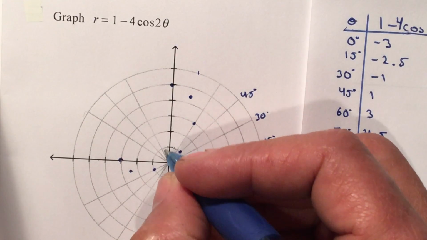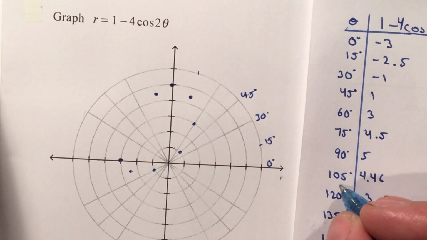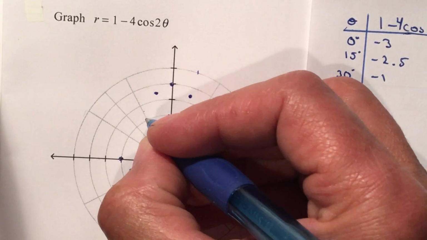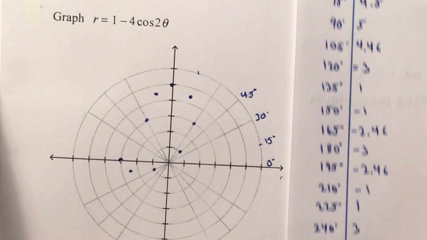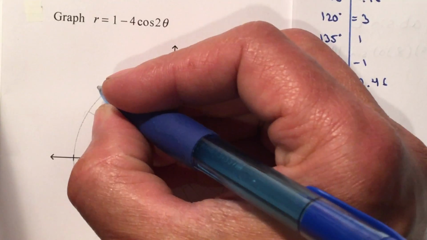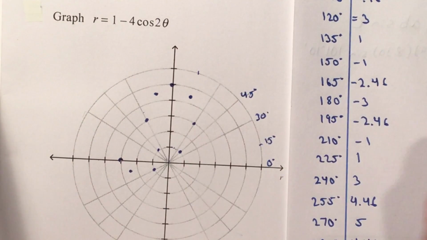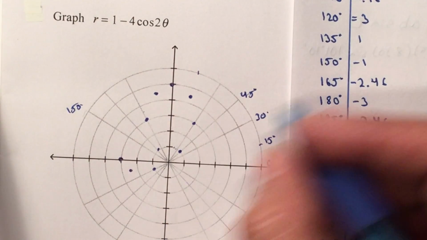105 is 4.46. 120 is 3. 135 is 1, so this is 135, and that'll be positive 1. 150 will be negative 1.